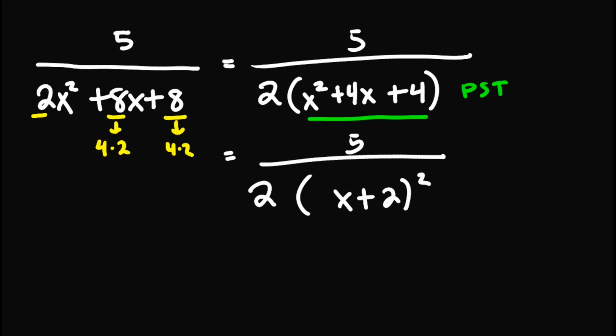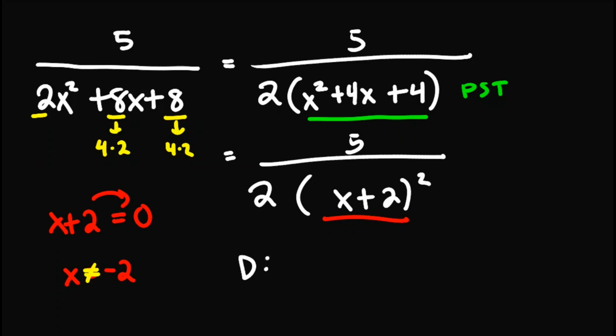And so we determine when will this denominator be 0. It will be 0 if this cannot be 0. So we focus on this. So x plus 2 will be 0 if, move this to the right side, if x is equal to negative 2. So we know that x cannot be equal to negative 2.